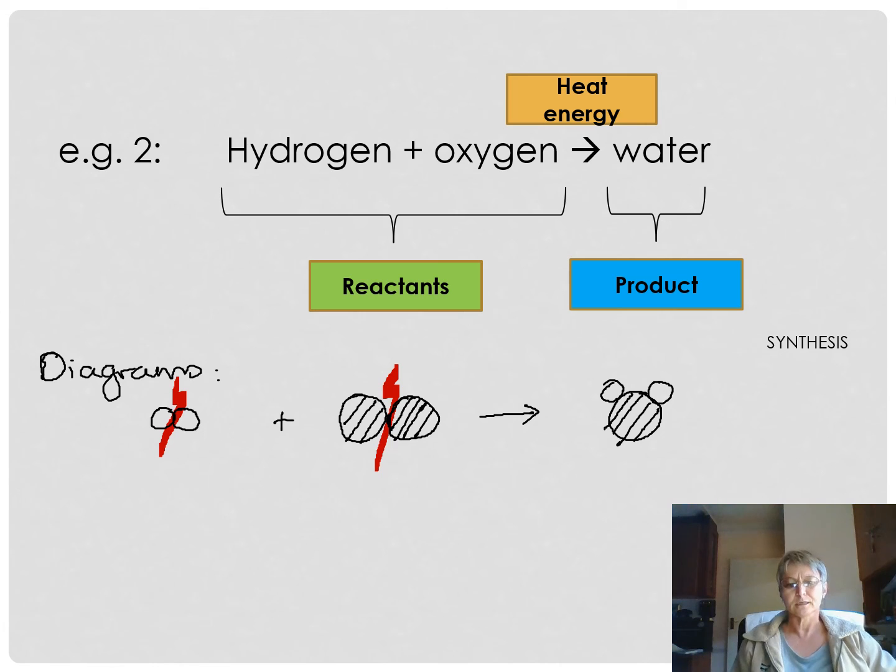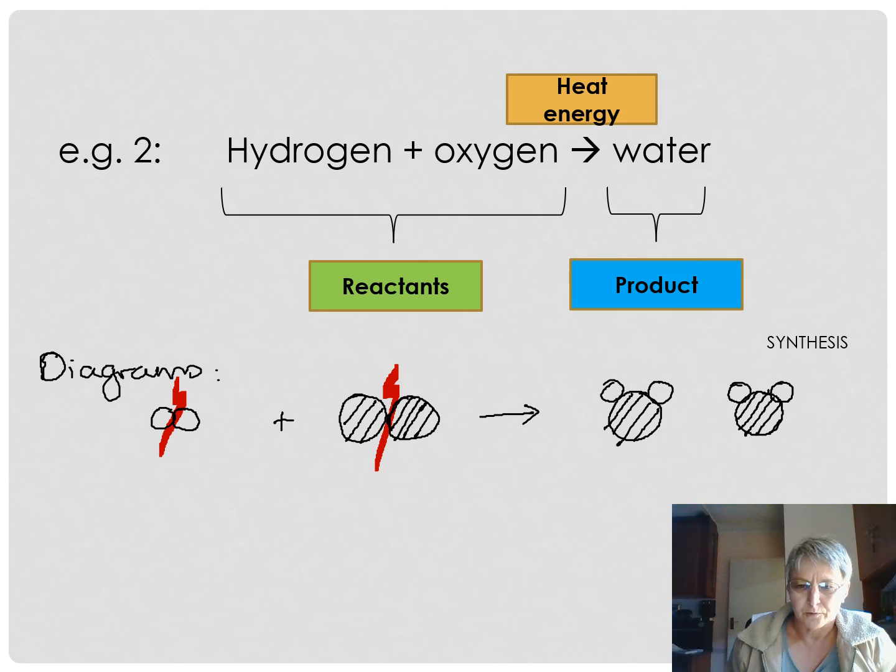Now if we look at that as it is, it looks like one oxygen atom has been destroyed, but it's not possible to create or destroy elements or atoms during a chemical reaction. So we need another oxygen in this, and this oxygen can't come without its two hydrogens on the product side of the arrow.